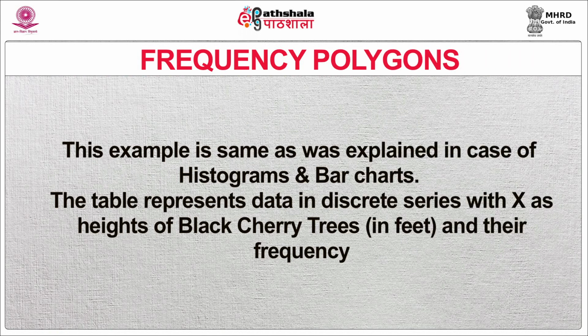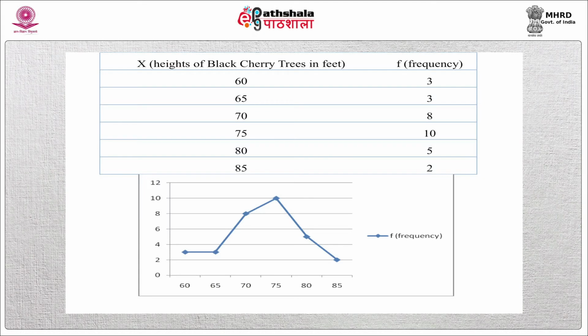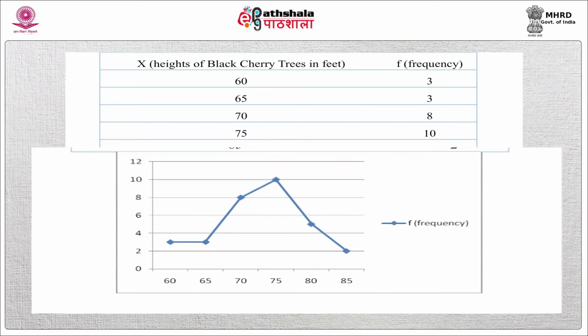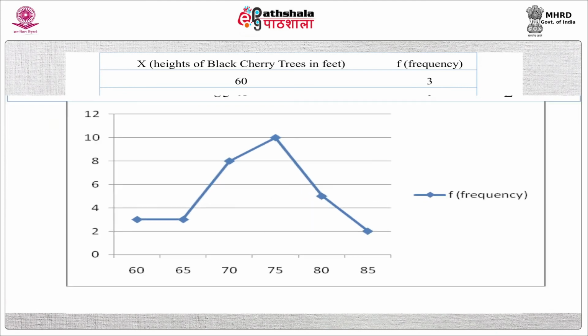This can be explained with the same example as was used in the case of histograms and bar charts. The table represents the data in discrete series with x as the height of the black cherry trees in feet and their frequency. Friends, now you can see on your screen how this frequency polygon looks. It has been made by joining the midpoints of the histogram.